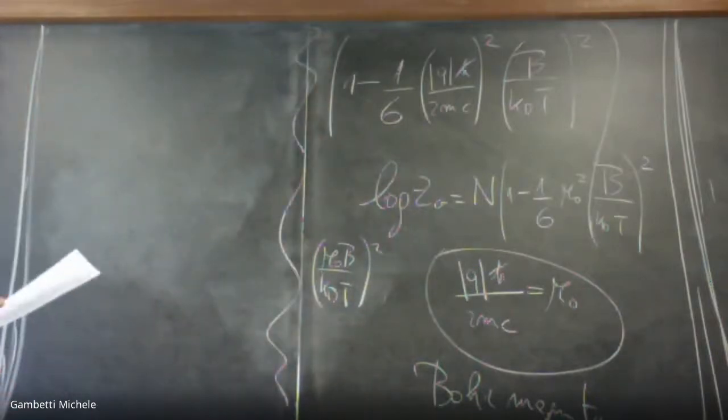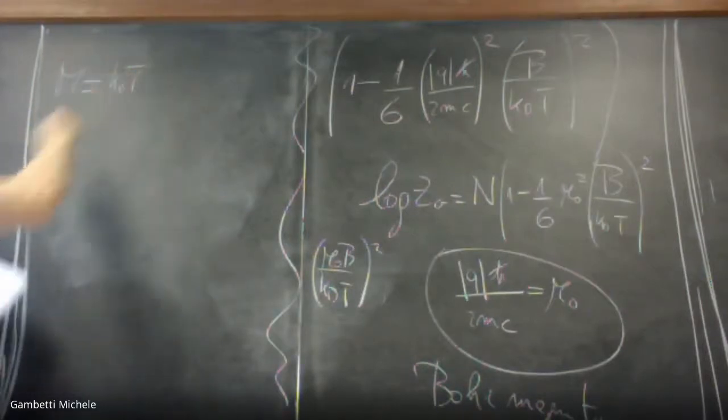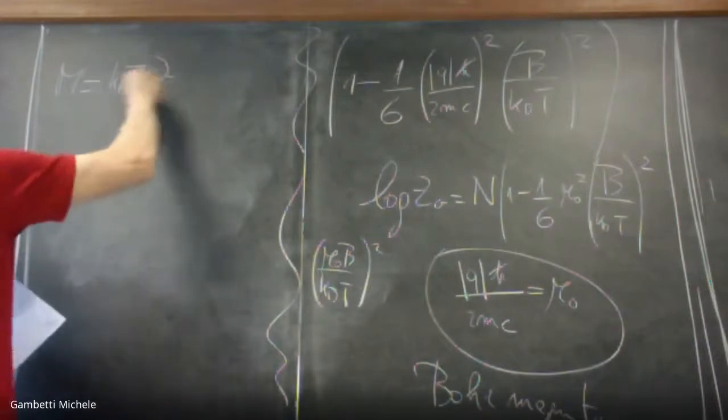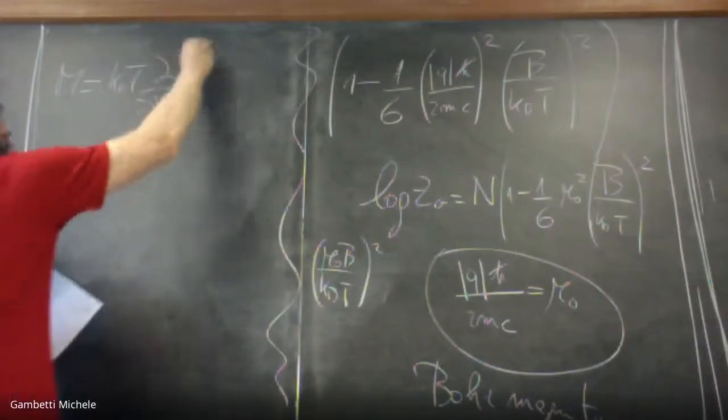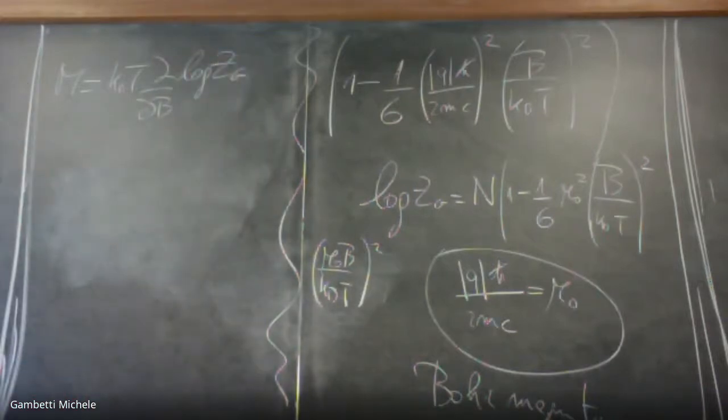Now we said that the magnetization is k_B T times the derivative with respect to the magnetic field of the log of the grand canonical partition function. So now I just need to compute this derivative.